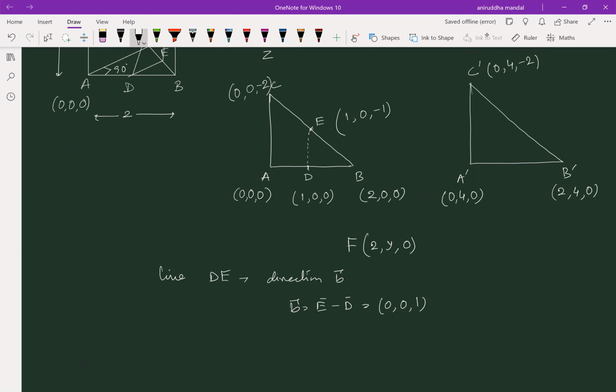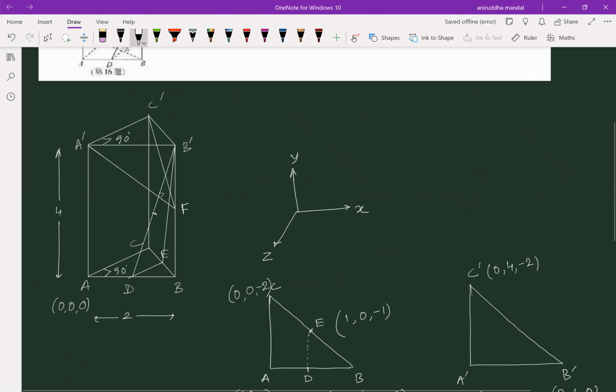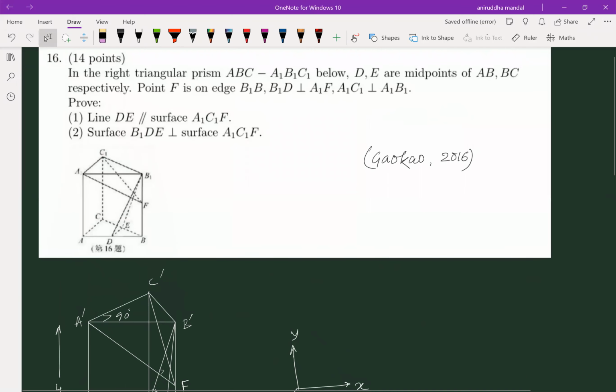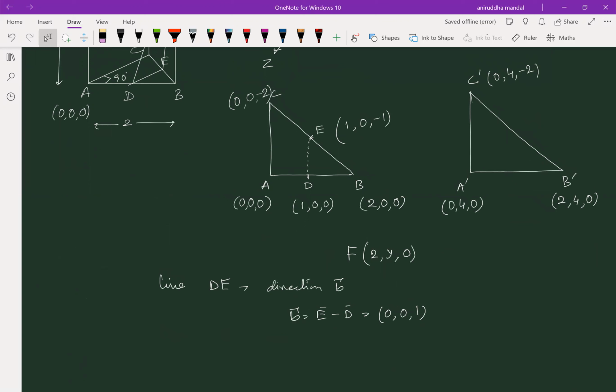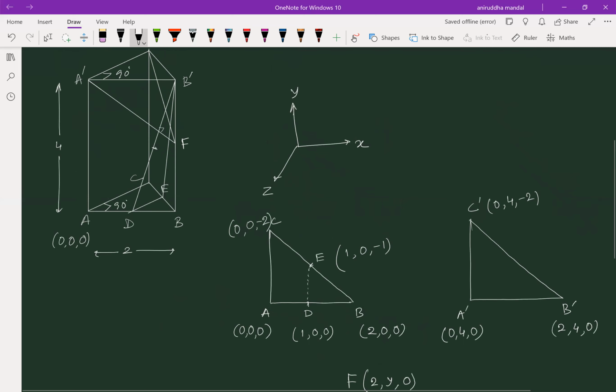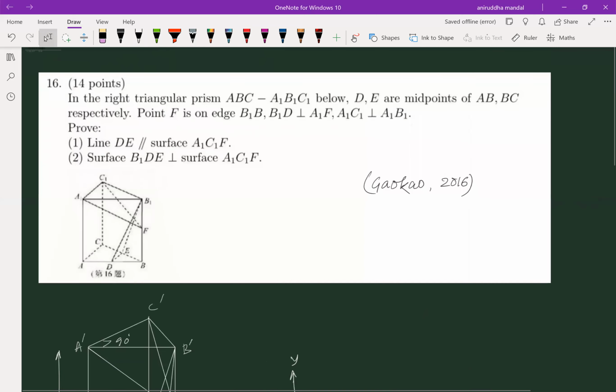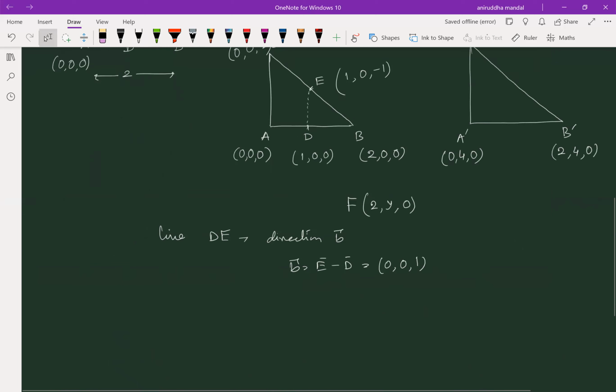Now this surface A1C1F. First we have to calculate the point F. So how do we calculate the point F? This y value, it is given that A dash F is perpendicular to B dash D. Just a minute.